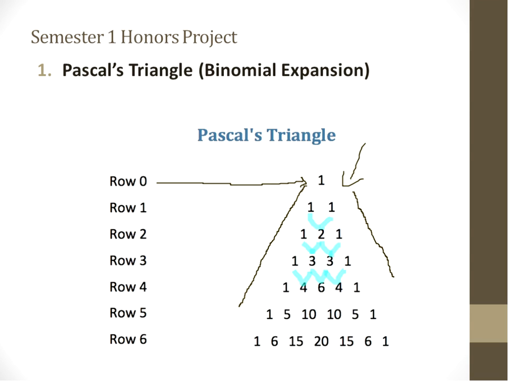See how these values on the inside, they're all determined by adding the one up top left and top right. So you could continue this triangle, you know, to 150 rows if you want.